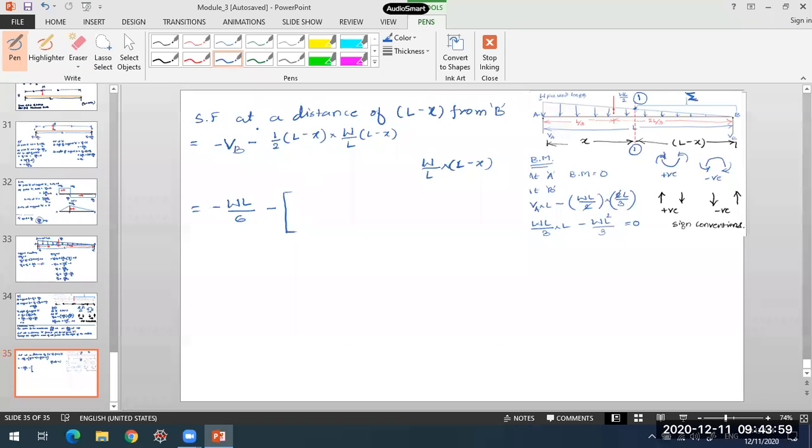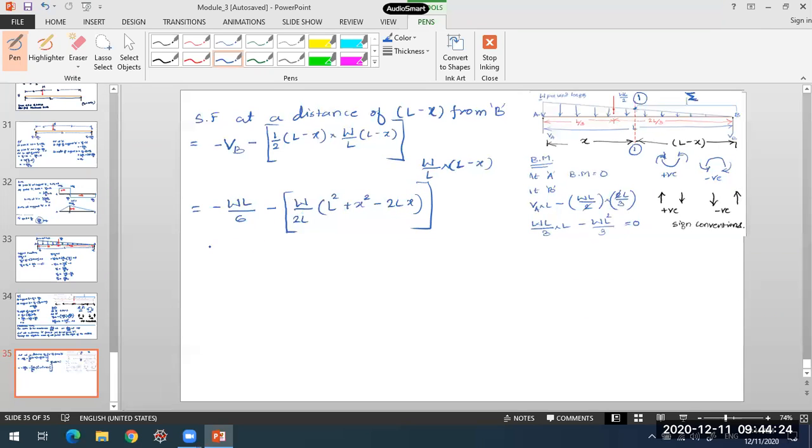You can calculate along with me and solve this equation. This will be W by 2L into L minus x the whole square, that is L square plus x square minus 2Lx. So this is what the equation will be.